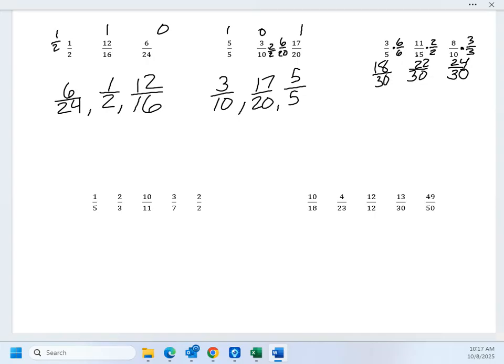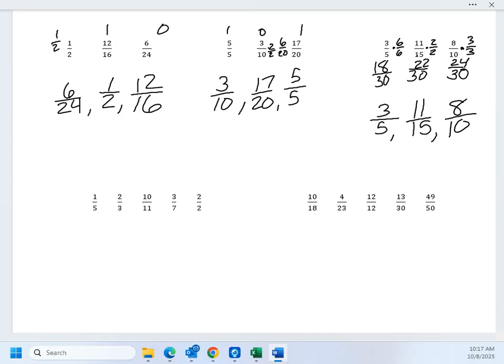To put my final answer, I have to go back to the original fractions. I know that's why I lined them up this way. So I know 18/30 matches up with 3/5. That's my smallest number. 22/30 matches up with 11/15. That's my second number. And then my last number is 8/10.